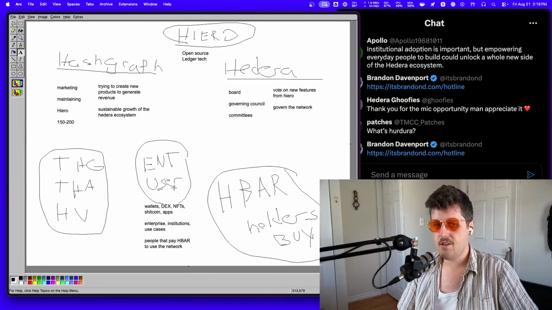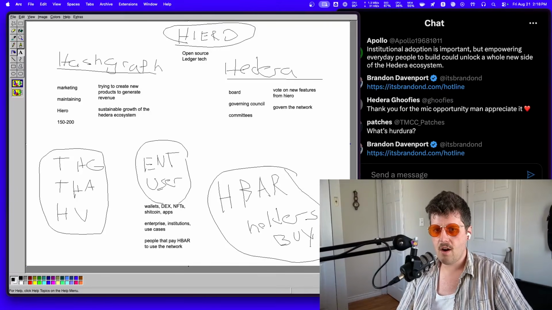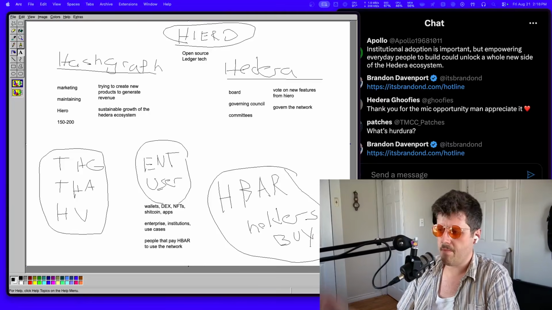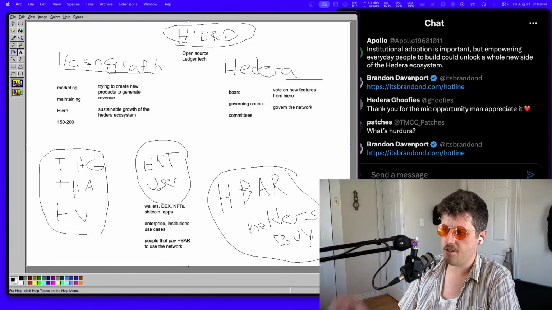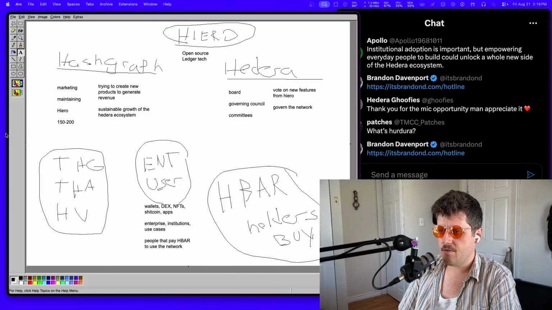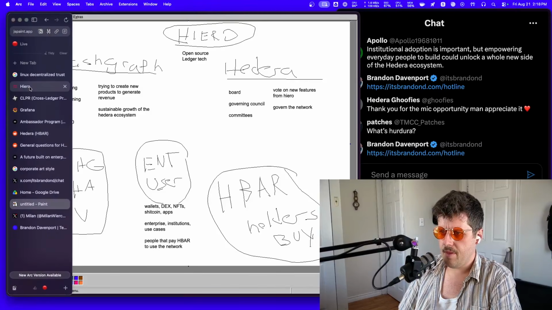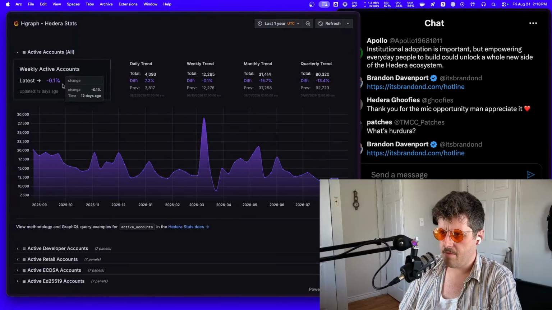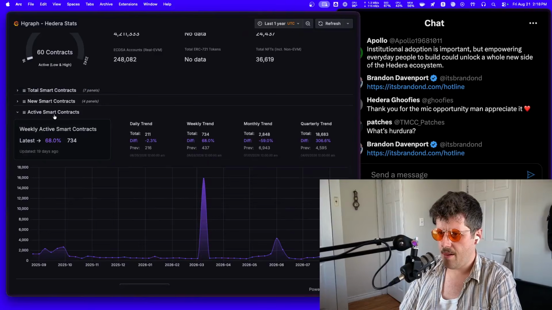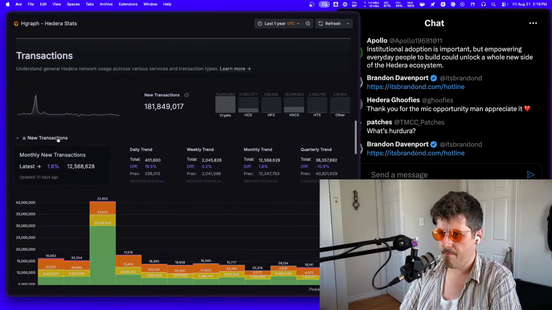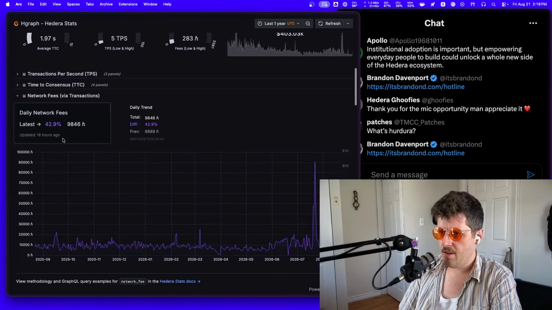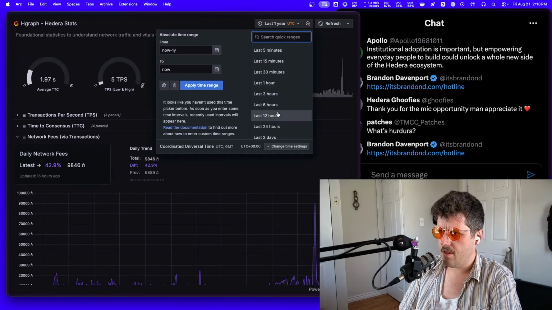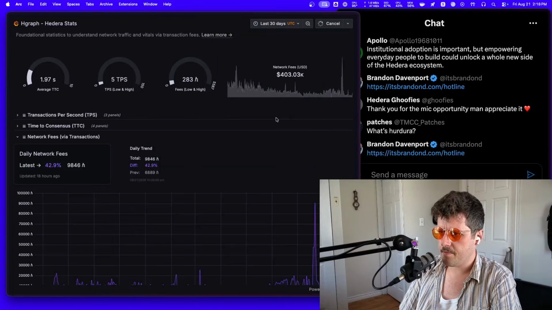The enterprise, the end user, these are people who are building applications, building businesses, and they want to use the network, so they purchase HBAR and they pay for transactions. And that is what makes this number go up, right? So let's zoom in on a month here.